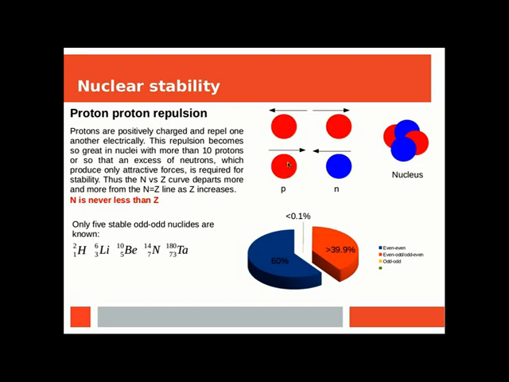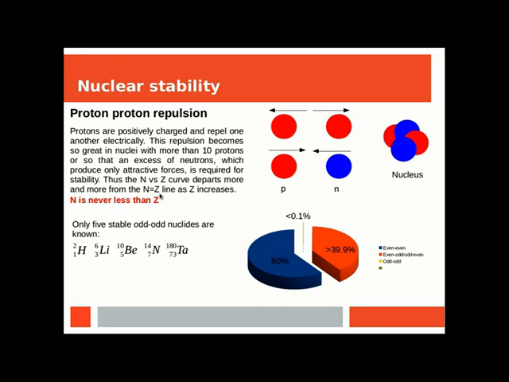The proton repulsion is overcome by neutron-proton attraction. This is why the number of neutrons and number of protons cannot be equal in heavy nuclei, because that will not be sufficient for the stability of the nucleus. So extra neutrons are required, because proton-neutron attraction needs to overcome the proton-proton repulsion. This is why it has an extra number of neutrons.